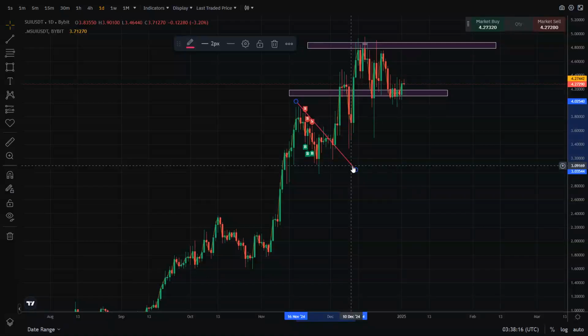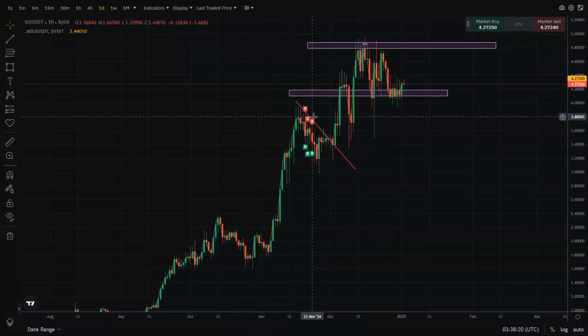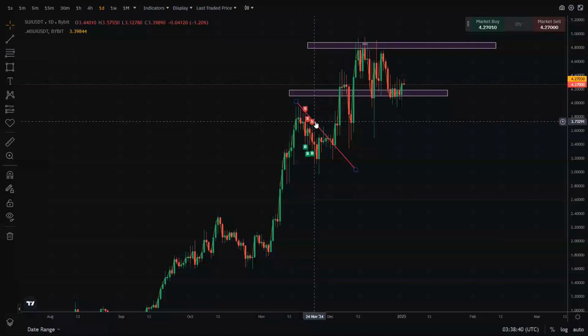There is no rule guiding the trend line except for the fact that it must touch at least two, either candle bodies or candle wicks. So it must touch at least two. That is the first rule, and that is the most reasonable rule.